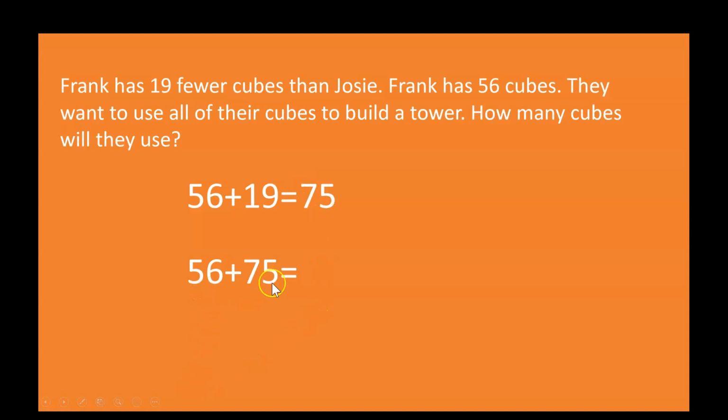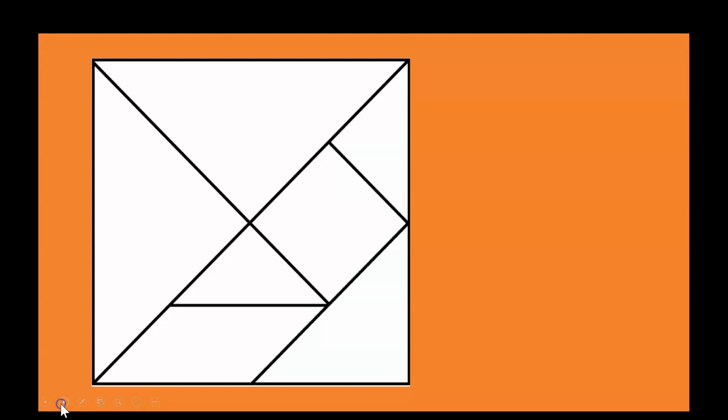And now we can add those together to find out how many cubes they have to use to make their tower. So go ahead and add 56 and 75 together. Did you come up with 131 cubes? Great job.